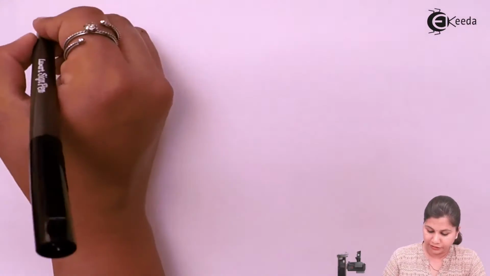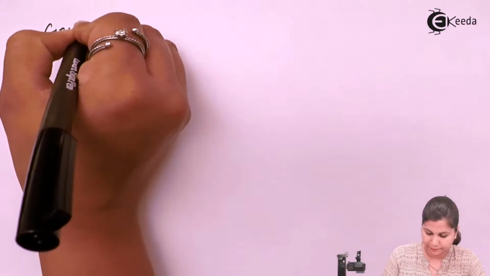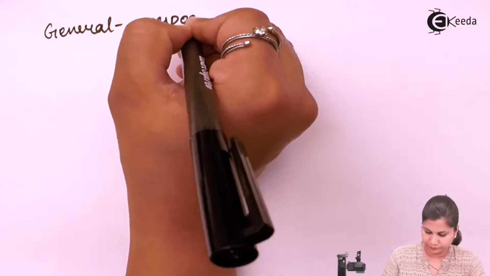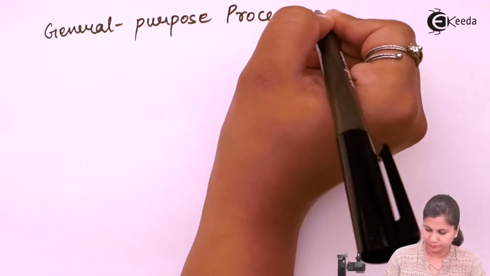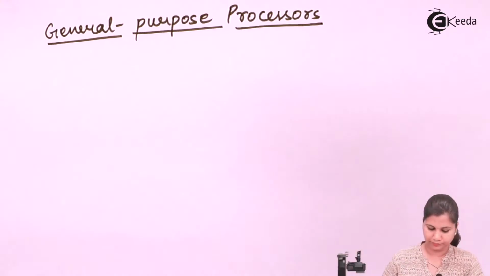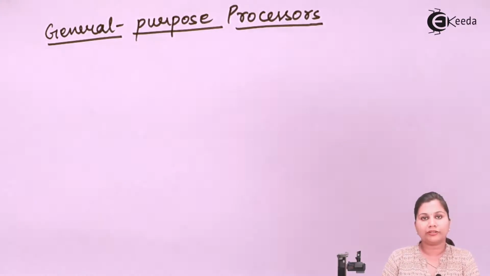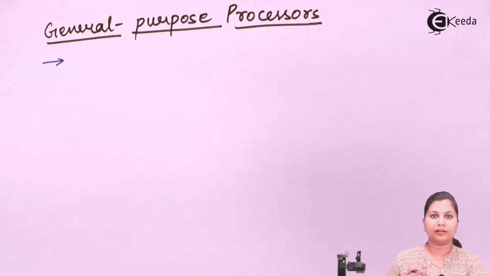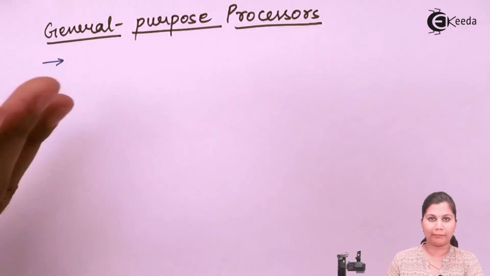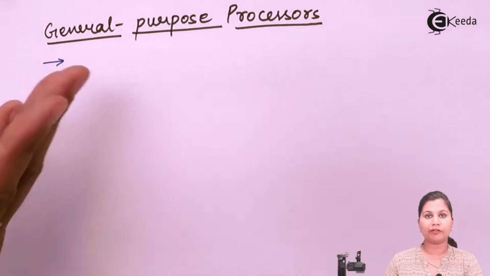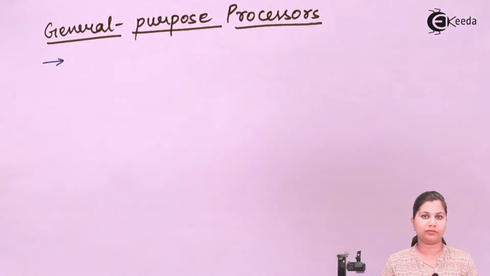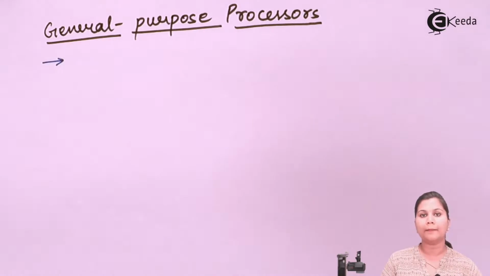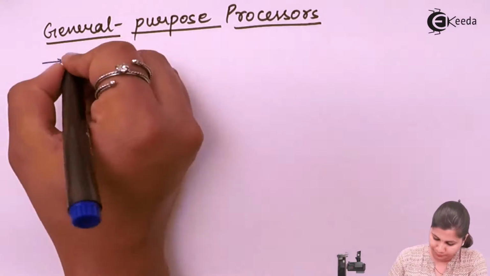Now let us start with the first, general purpose. General purpose processors are used in a variety of applications. They are programmable processors, and one of the most common examples of a general purpose processor is the microprocessor.